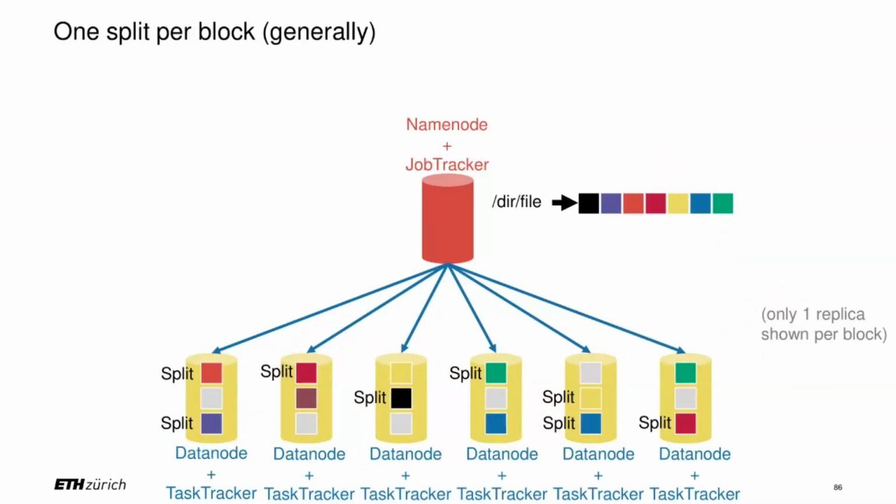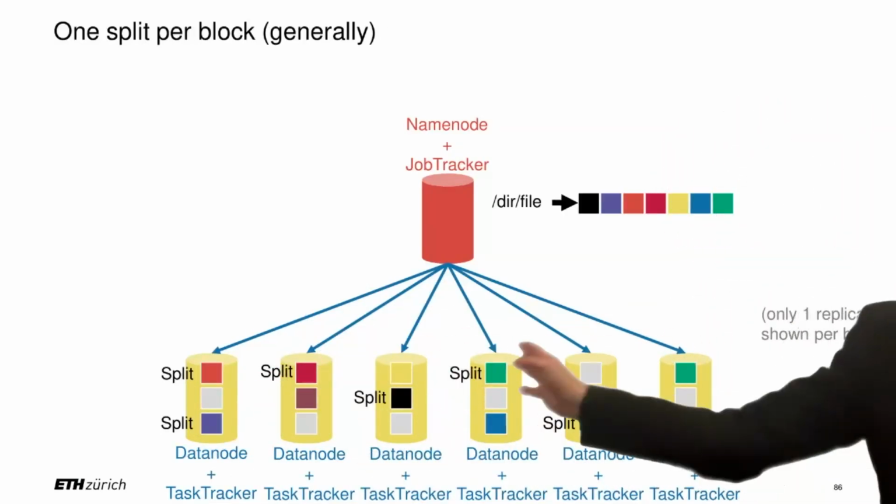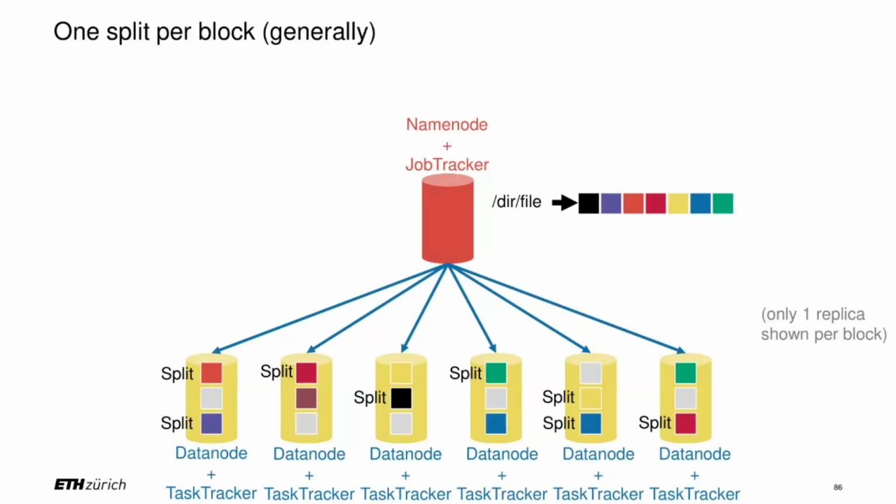No, it's totally arbitrary. Consider that all the colors are different. It's what I wrote here, only 1 replica shown per block. So there are no replicas of the same blocks in here, right? Every block is processed just once. You don't process different replicas of the same block at the same time. It's only 1 replica that's going to be processed.